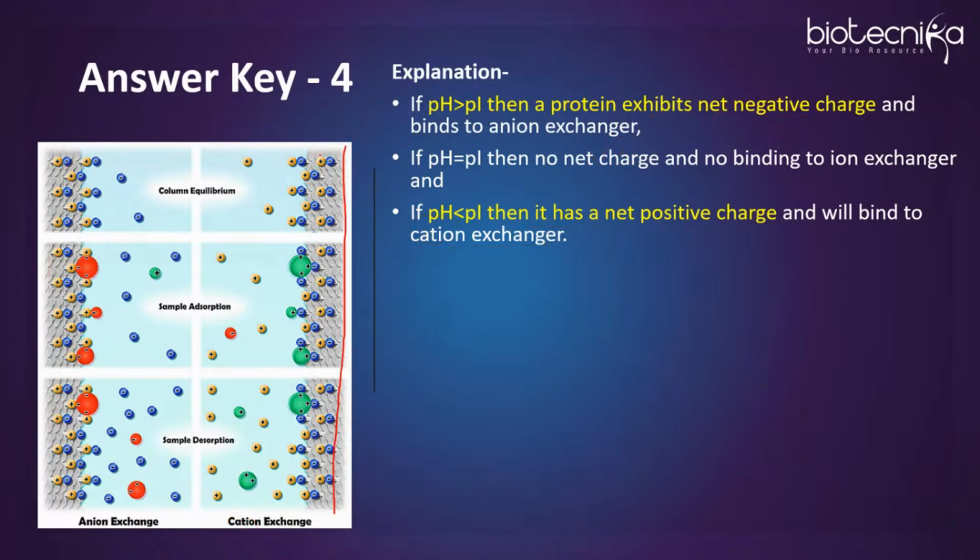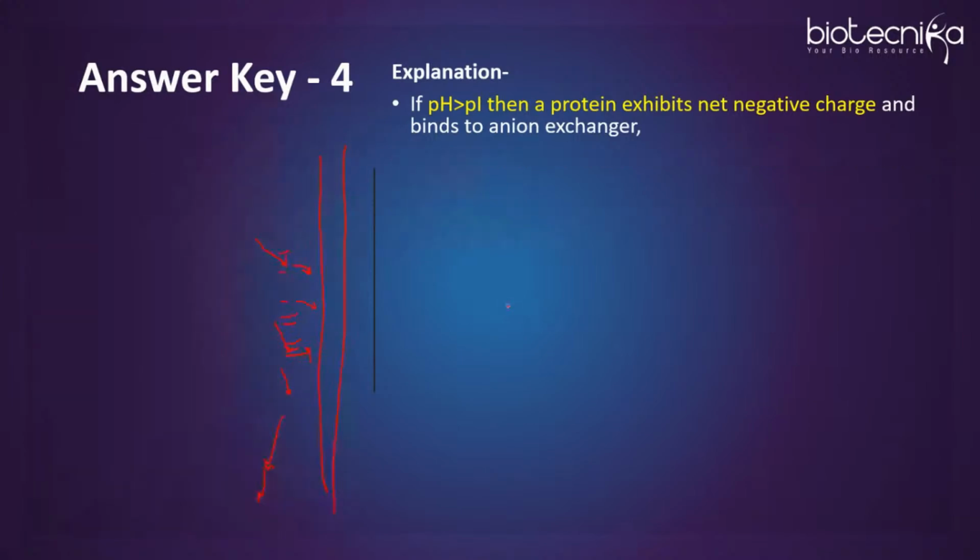There are some positive groups bonded to the column, but when your mixture sample has any protein with positive charge, they will get exchanged with the other positive residues in the column. So that's how they will get stuck. As you can see, the green ones are getting stuck over here. Later you can remove them and purify the green ones, but at least your other proteins will get purified from there, right?